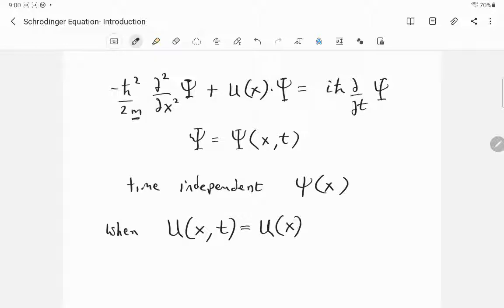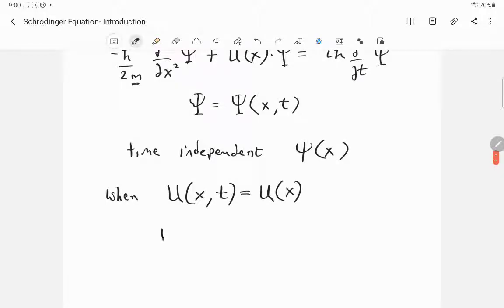That is, they're only dependent upon space. So whenever the potential energy has no time dependence, it turns out that this wave function, which is a function of space and time, can be rewritten in a really interesting way. It can be written this way instead.